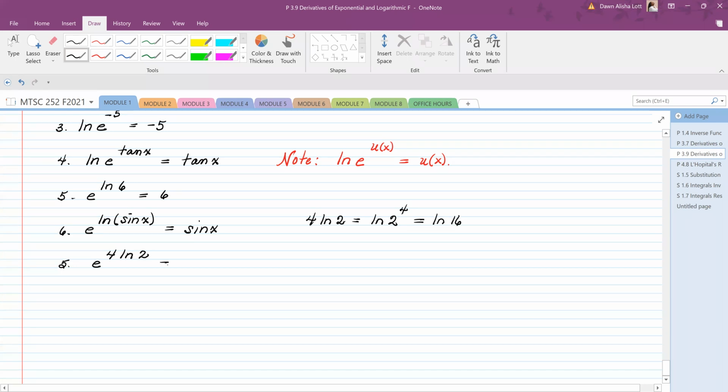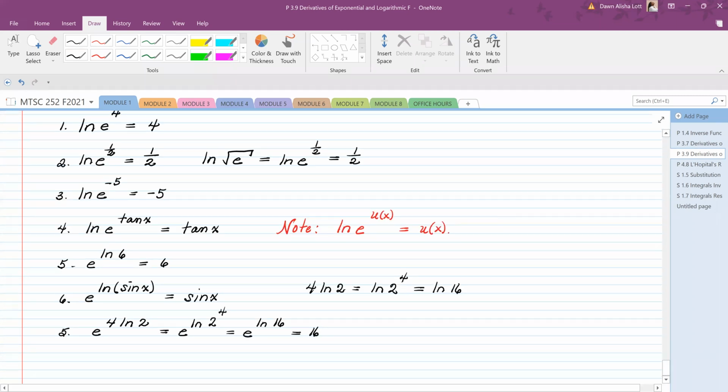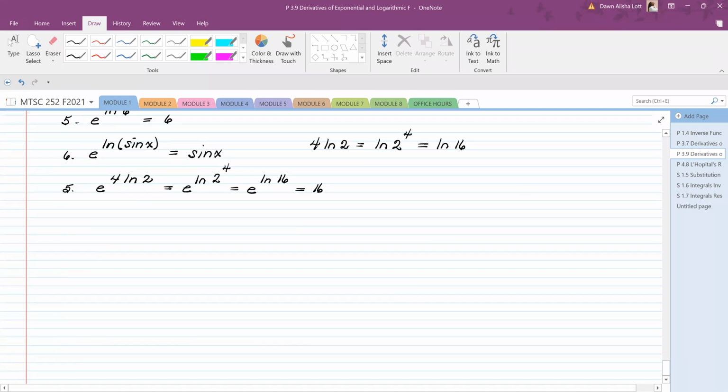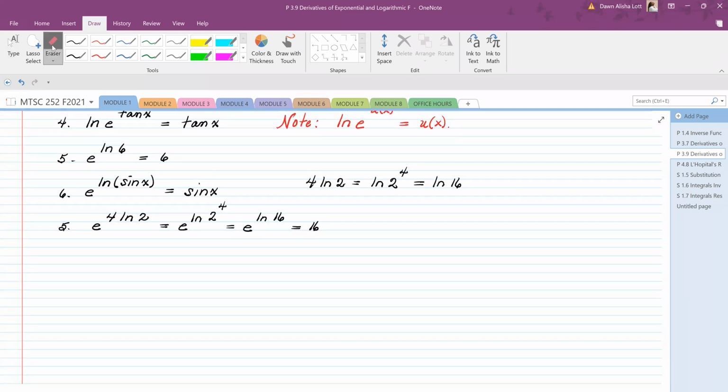So this becomes e to the natural log of 2 to the 4th, which is equal to e to the natural log of 16, which is 16.